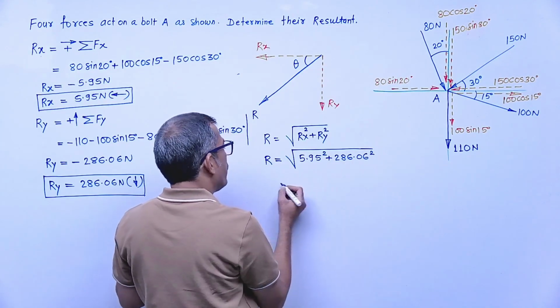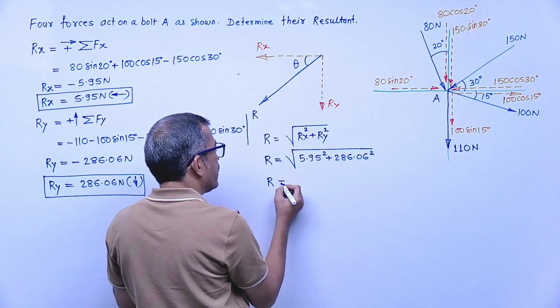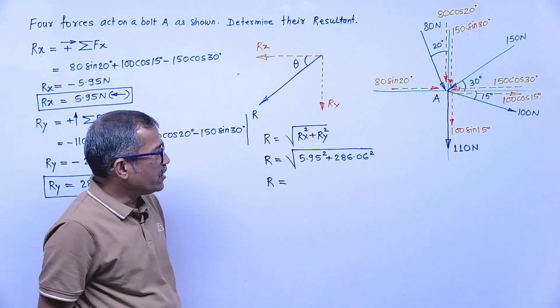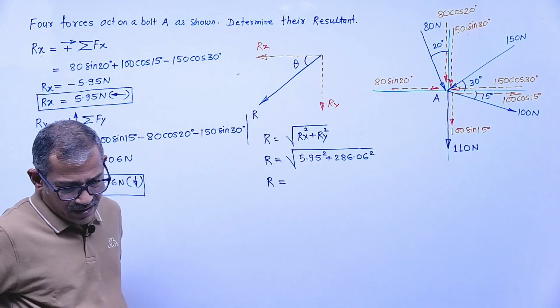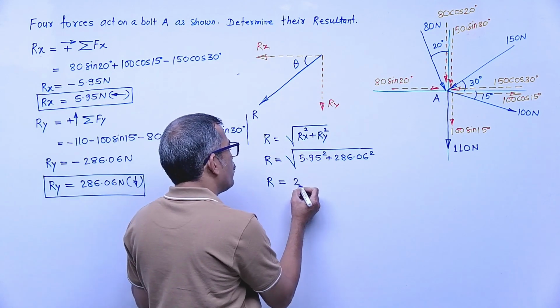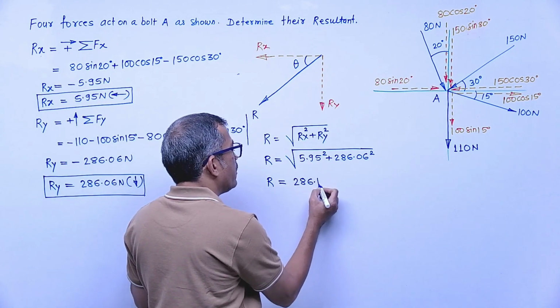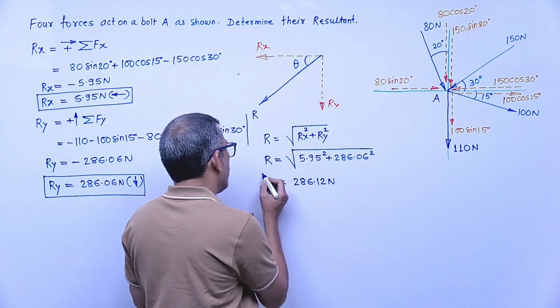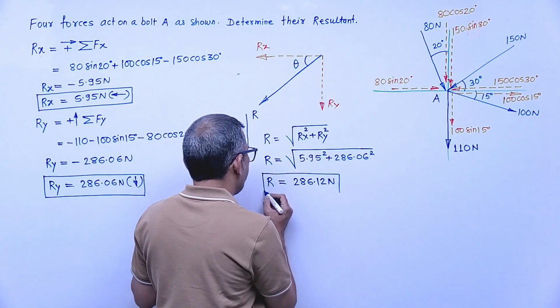Calculate this value on your calculators. It should be 286 point something, slightly greater than 286.06, so 286.12 Newton. This is the resultant.